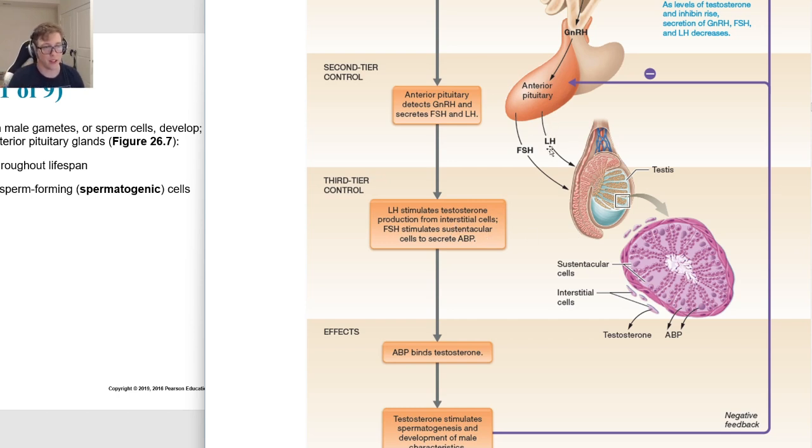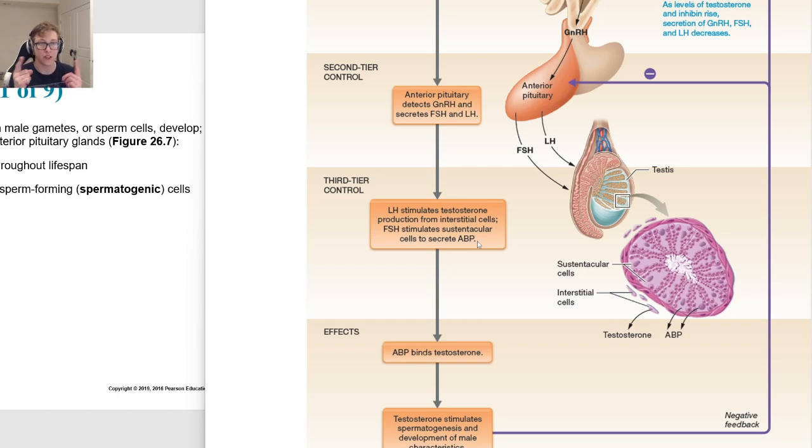So if we see here, LH is going into the testis, FSH also going in. LH is going to work on the interstitial cells, and that's going to produce testosterone, where FSH, or follicle stimulating hormone, is going to produce ABP, which stands for androgen binding protein.